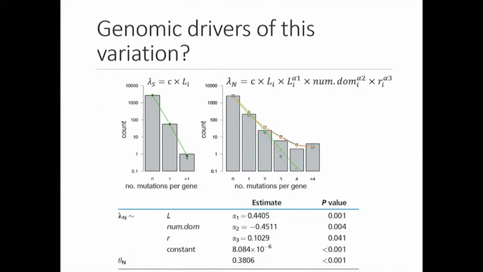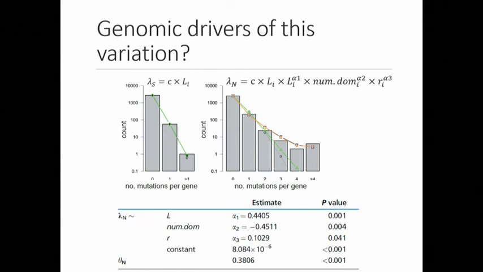At least these data suggest that the length of the gene is not only affecting whether or not the mutation arises, but somehow seems to be also driving the selection part of the equation as well. We also found that the number of domains in the protein had a significant effect, and the measure of local recombination rate had a significant effect.